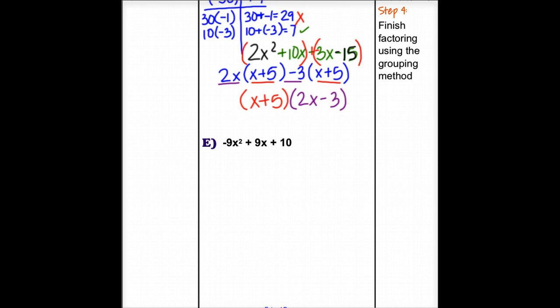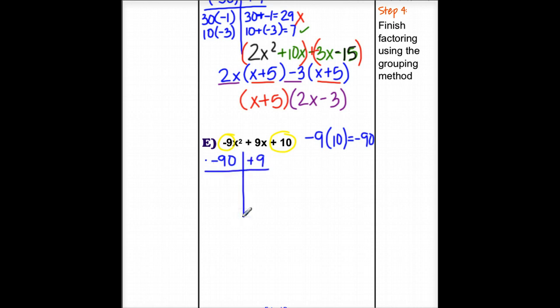So I look here and I have my A value of negative 9, C value of 10, and when I take A of negative 9 times 10, I get negative 90. So I know that my t-table needs to multiply to negative 90 and add to 9.